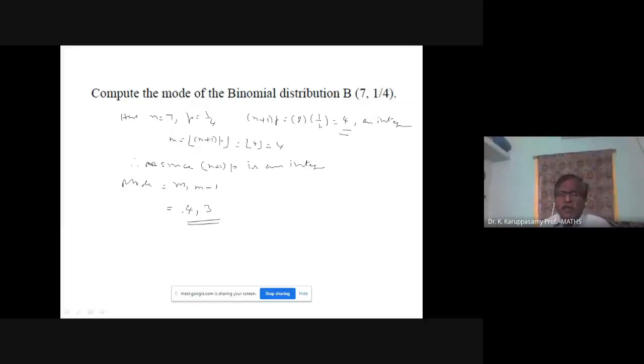Once again, I repeat. Find n, find p, n plus 1 p. If n plus 1 p is an integer, a whole number, then you have two answers for mode, m and m minus 1. Your m is the floor function of n plus 1 p, floor of 4, which is 4. Floor function means an integer less than or equal to that number.